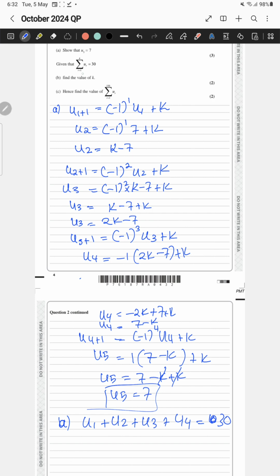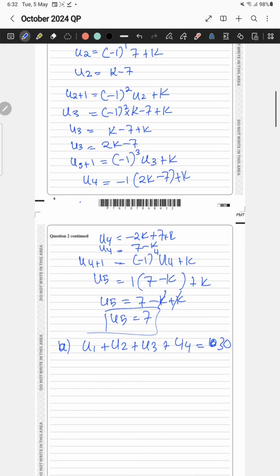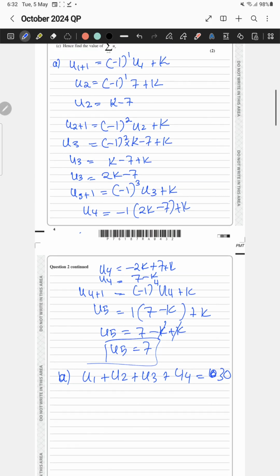So we know u1, u2, u3 and u4, so we just plug in all this information and set it equal to 30.